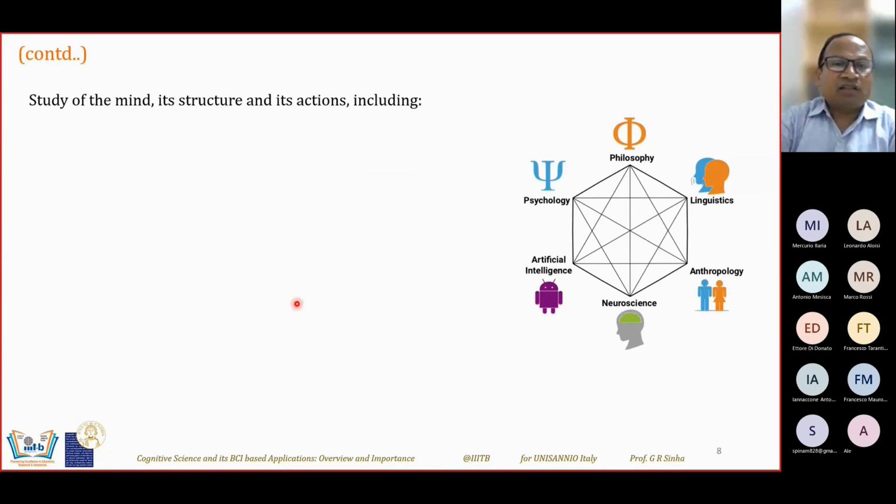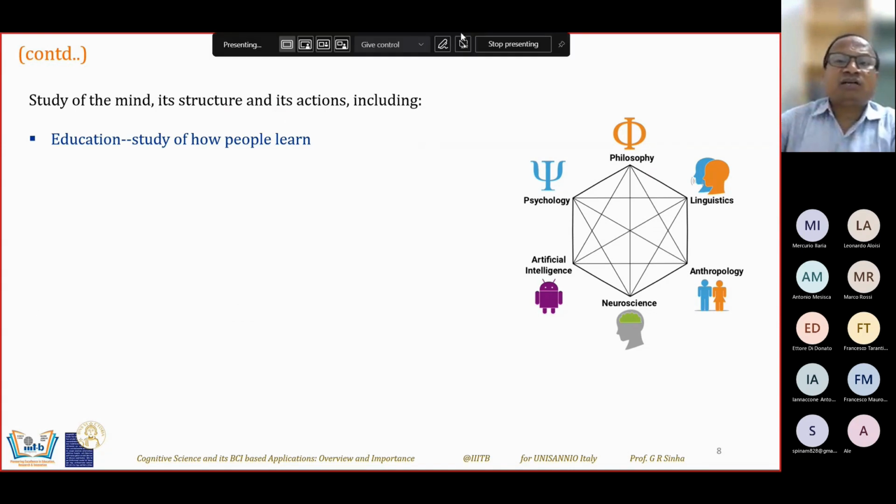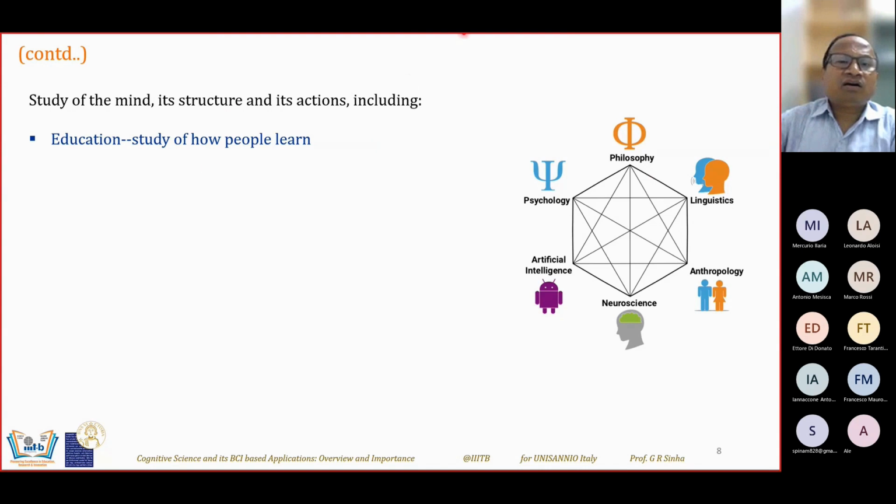So let's continue with cognitive science. This diagram was already included in the title slide. There are a number of domains, the study of mind and structure, and its sections include all these. Education is also an important aspect of cognitive science.